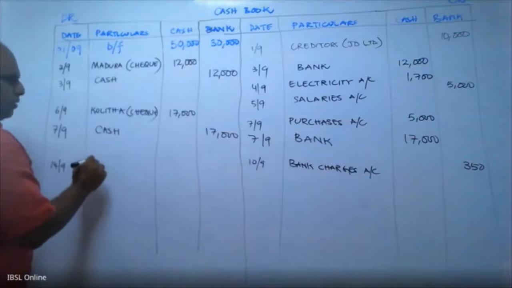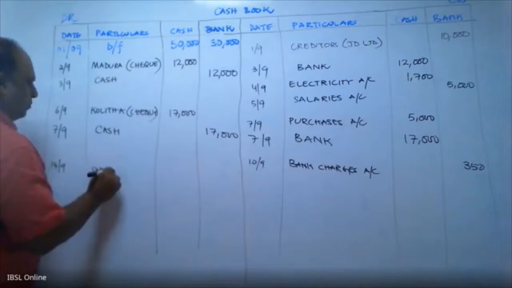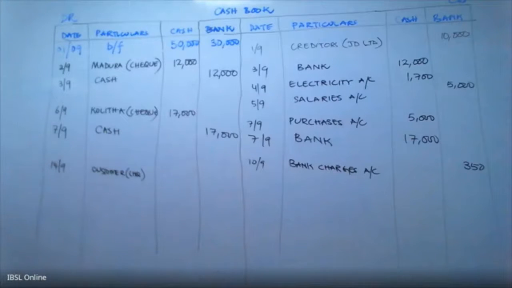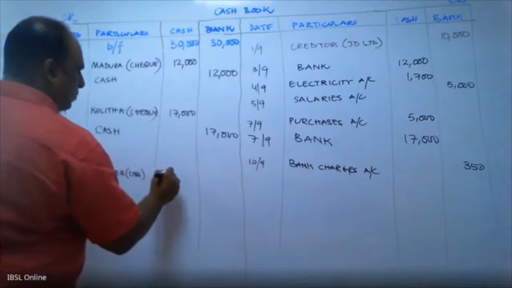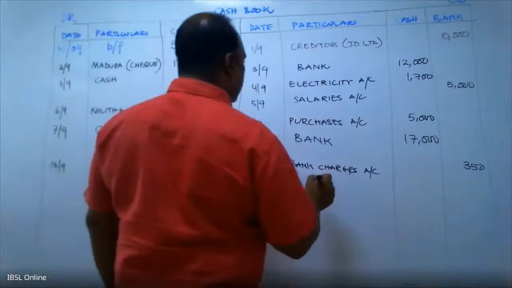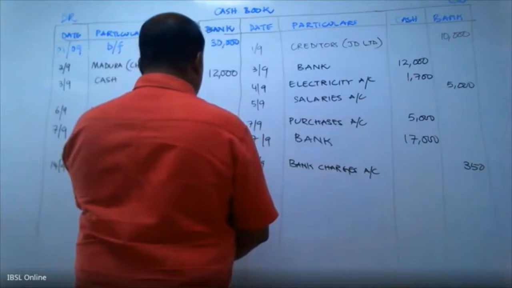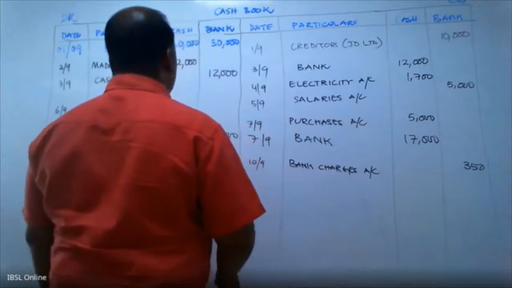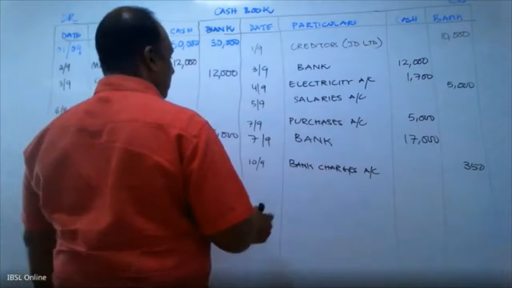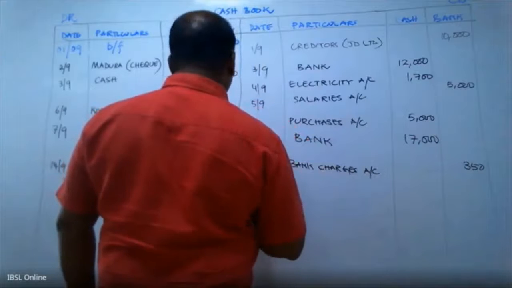So let's say you will receive from a customer a check for 2000, and you are going to give out cash. So on the same day we have to record it, 14 September.